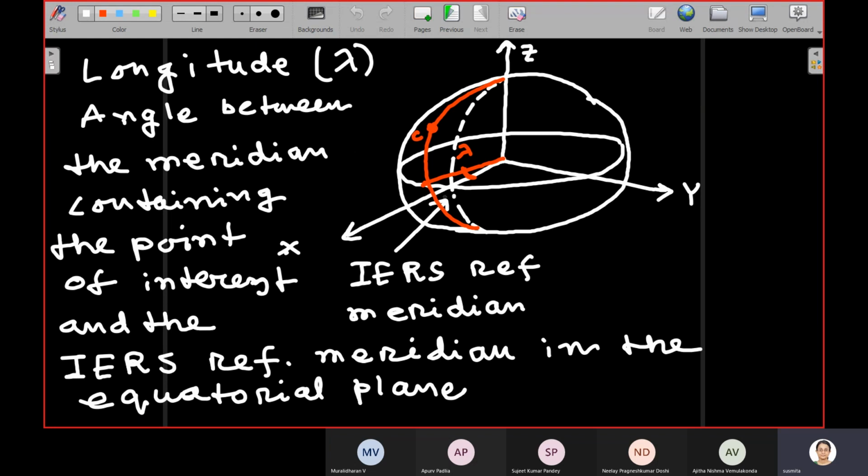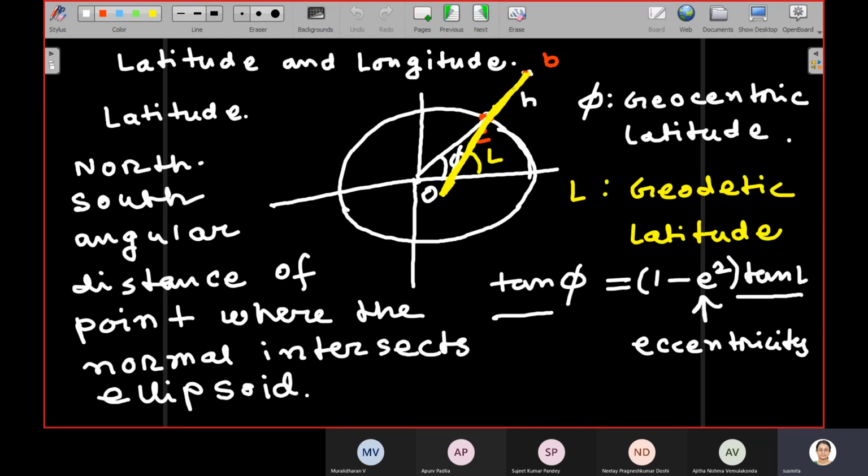So you can associate longitude with the east axis of the local navigation frame, correct? And then when it moves up or down, the height changes, correct? So we can associate height with the z-axis or the down axis of the local navigation frame, down or up axis. So basically, latitude, longitude, and height can be associated with the north, east and down axis, correct?